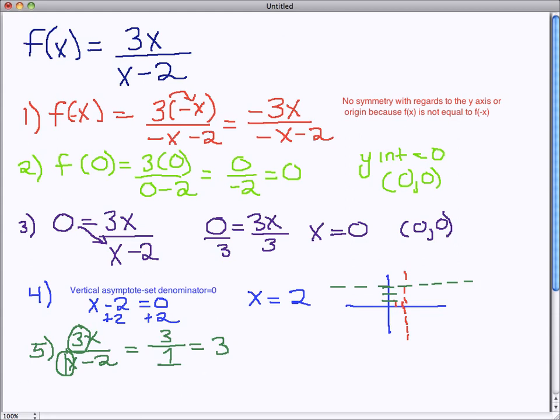For part 6, we're going to choose a couple of what we call test points, or points to try out. And I'm going to put that over here so it does all fit on the screen. And we're going to evaluate the function at those. I chose -6, 1, and 4. It is a good idea to choose something on either side of the horizontal asymptote, so that's why I chose the 1 and the 4.